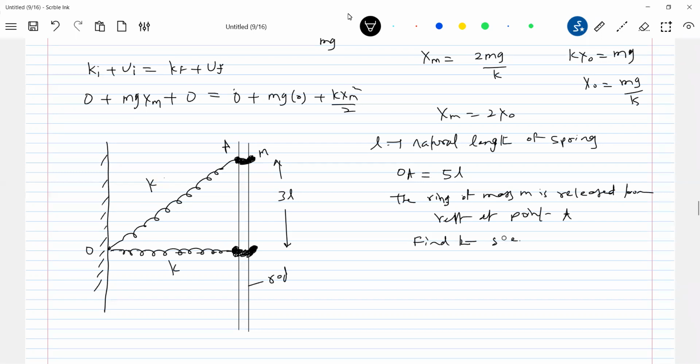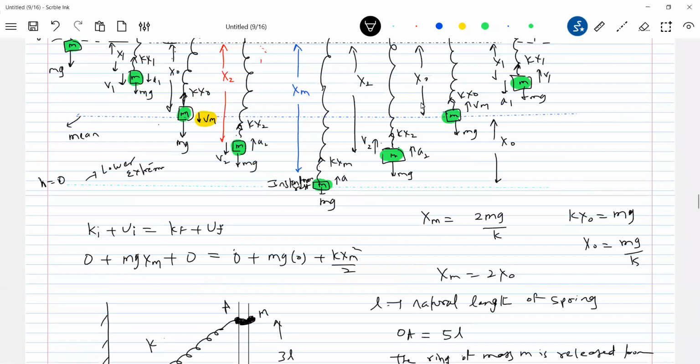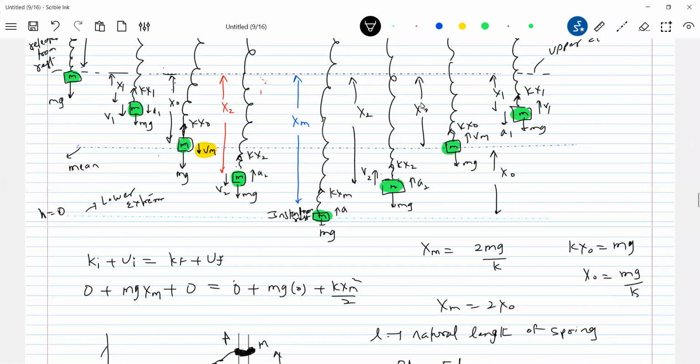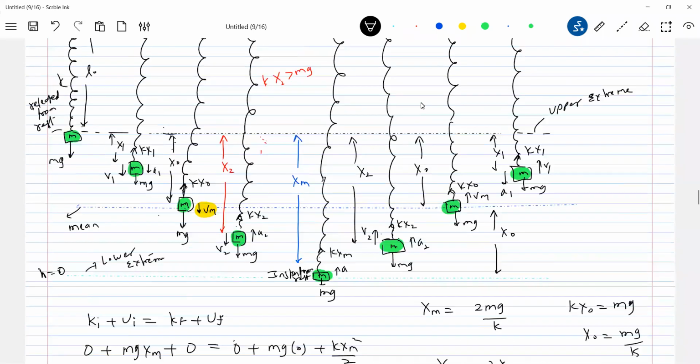Find the speed of the ring when the spring becomes horizontal. Yeah, sir, in the previous question, what are xm and x naught? xm is the maximum elongation. x naught is the elongation of the spring at the mean position.